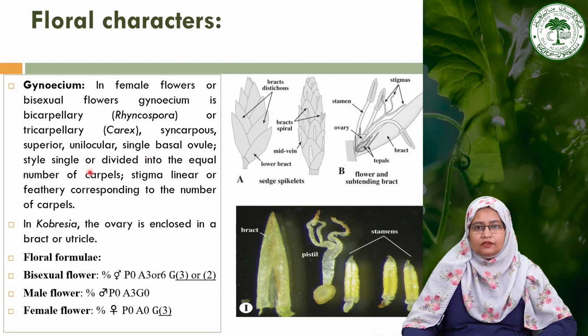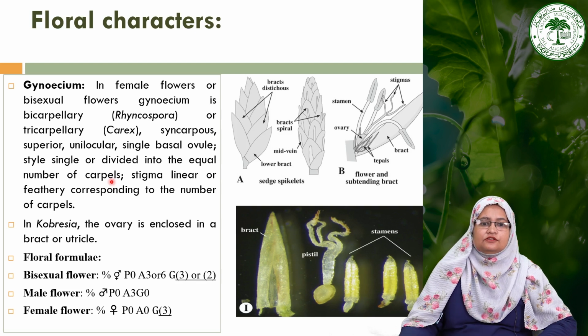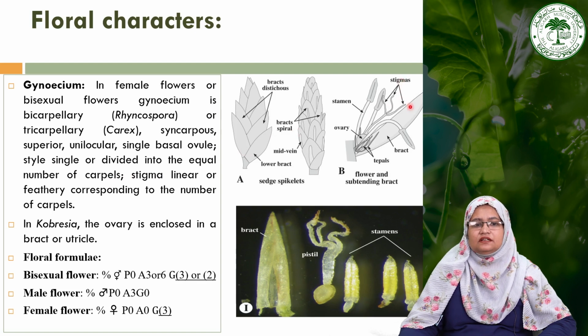The style is single or may be divided into an equal number of carpels. If the carpel number is 2, then the style is divided into 2. If the carpel number is 3, then the stigma is divided into 3. So the stigma is generally linear, as you can see, or maybe feathery, corresponding to the number of carpels. In Cyperaceae, the ovary is enclosed in a bract or utricle.